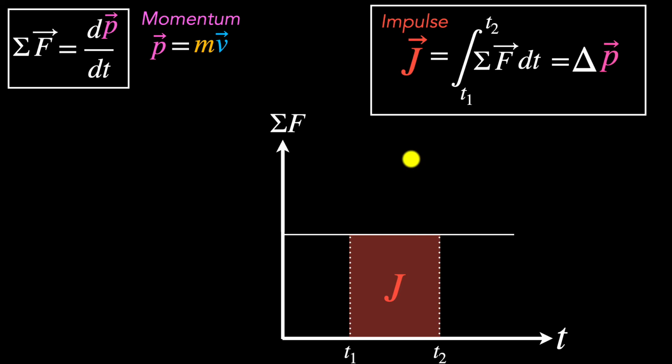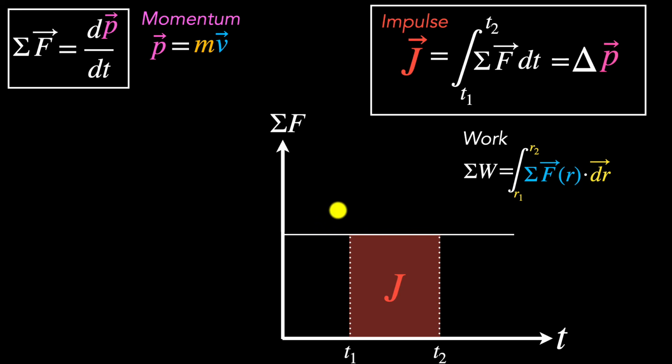But at this point, I have a confusion. Haven't we learned somewhere before that the area under the force graph is work done? Well, actually, no. If we recall what work done is, or at least the net work done on an object, that is the line integral of the net force dot dr. You're integrating over here the net force with respect to position.